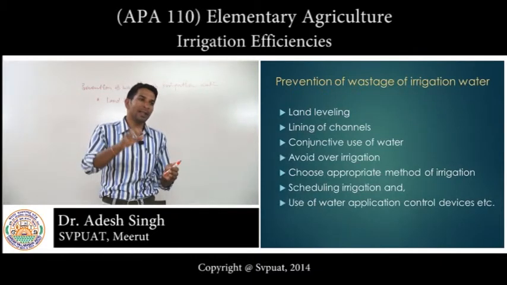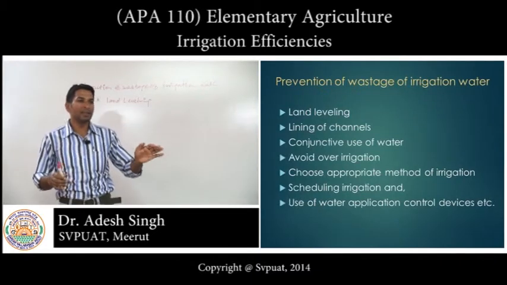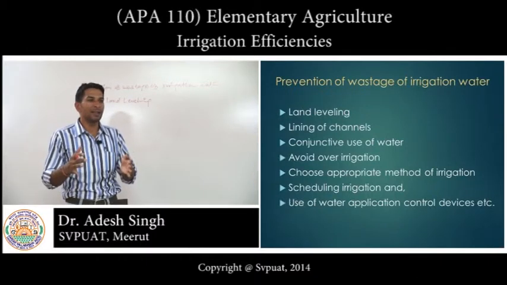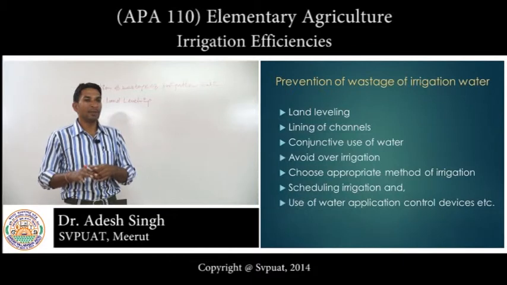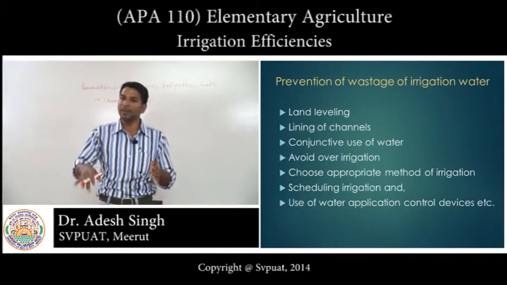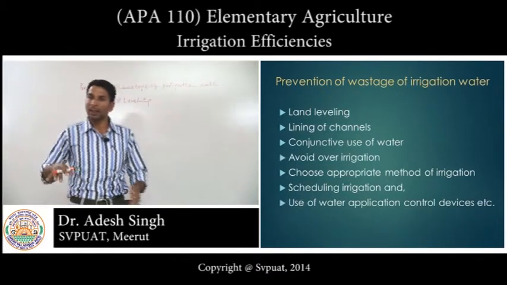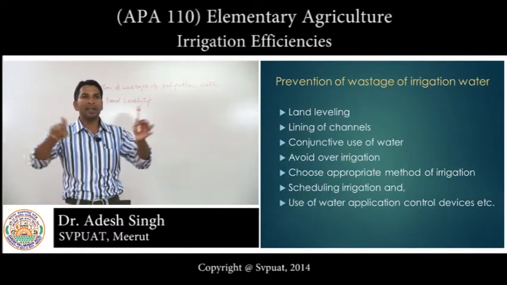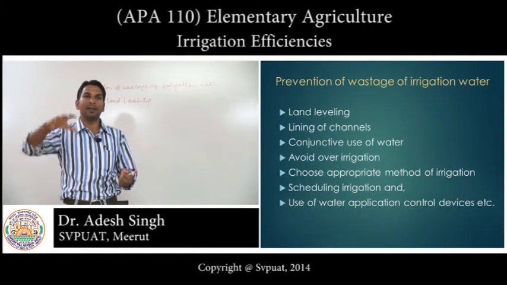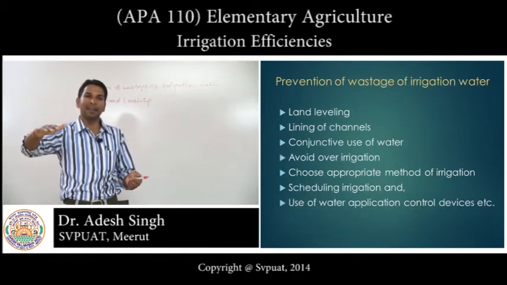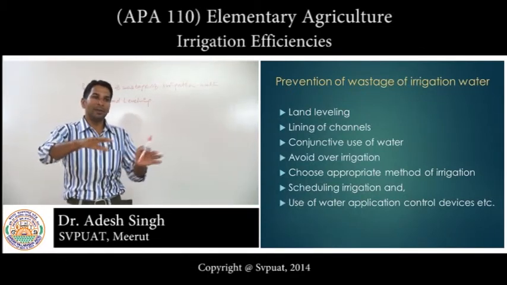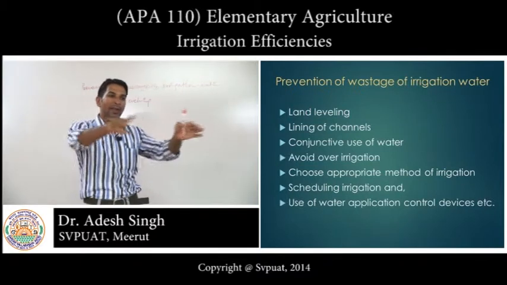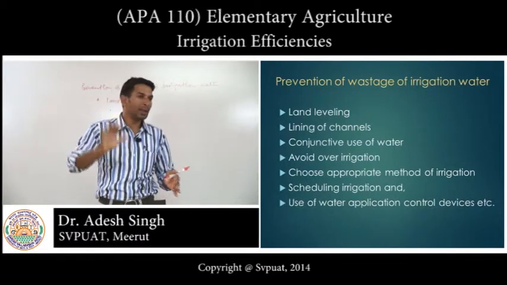So if the slope is less, then water will run, or if the field is leveled, then wastage of water is less as compared to the undulating field. Because if the field has certain depressions and certain highlands, and we wait for irrigating the whole field, the water will reach the highlands only when all the field can be flooded.